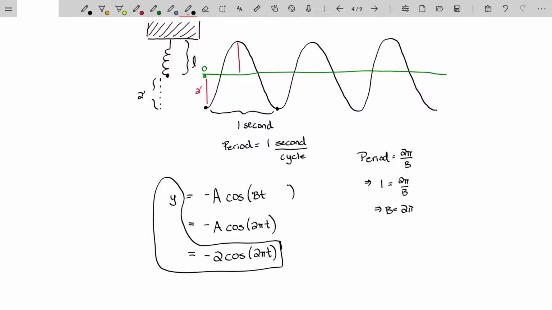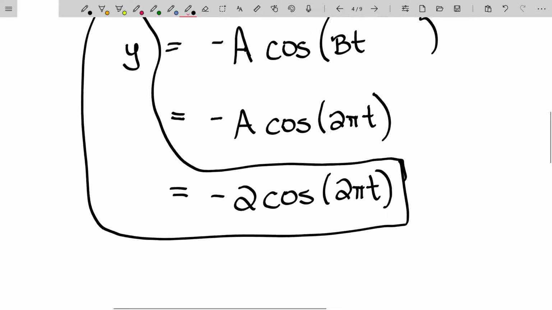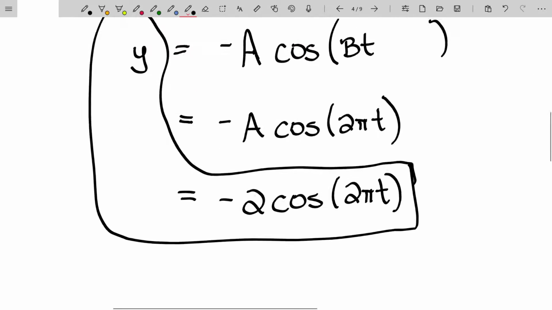The truth is, when you're working in any course beyond this, or in any textbook other than the one I'm currently using, they will likely label this direction as positive and compression as negative. If that's the case, it'll just be a negative times this function.